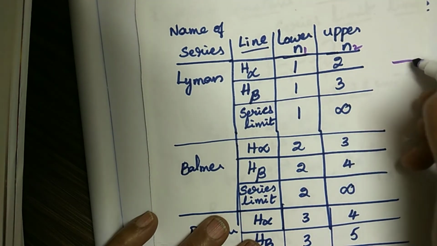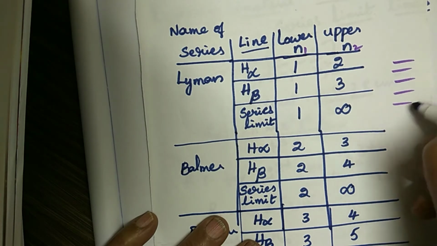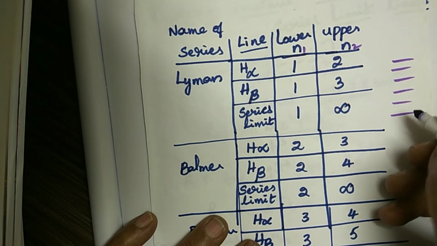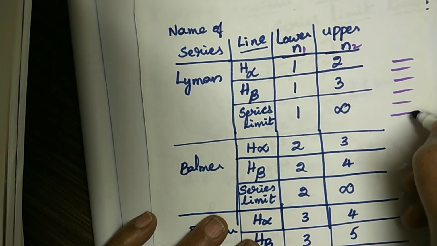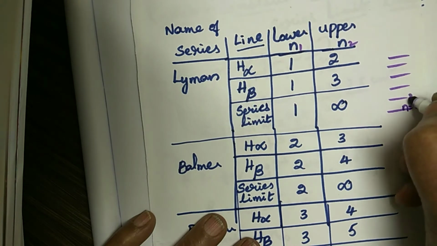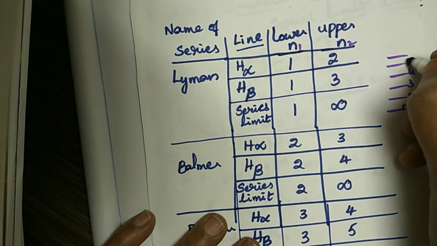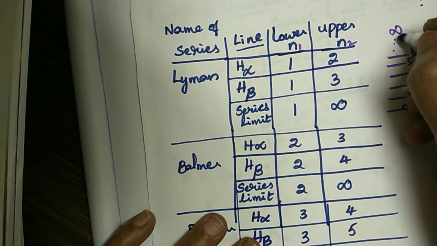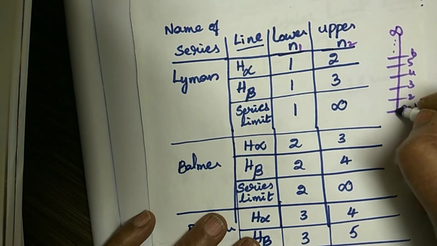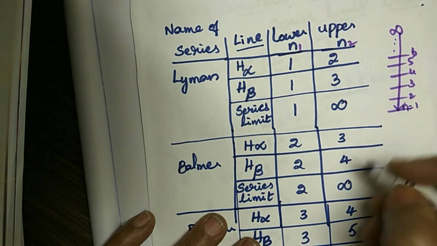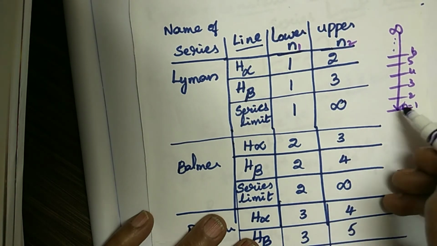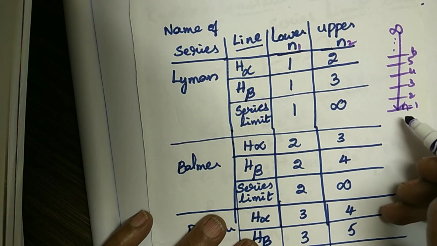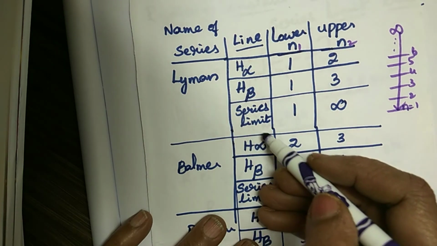In any atom, n is equal to 1, 2, 3, 4, 5, 6, and it may continue up to infinity. If the electron comes from the infinite orbit to the first principal quantum number, the line obtained from this electronic transition is known as the series limit line.